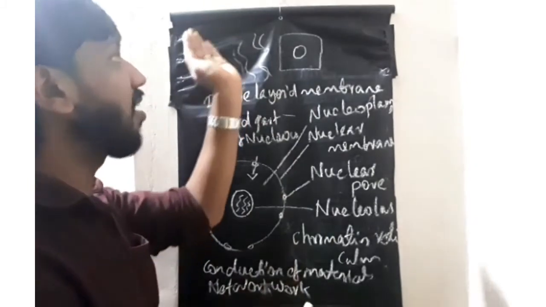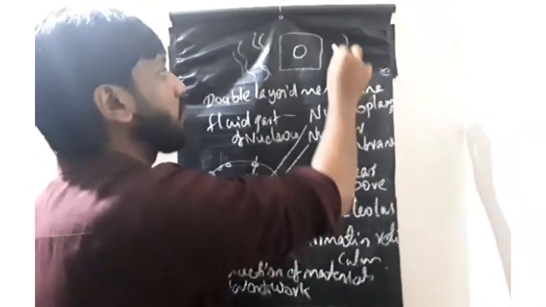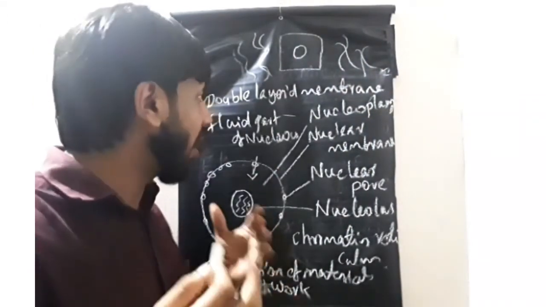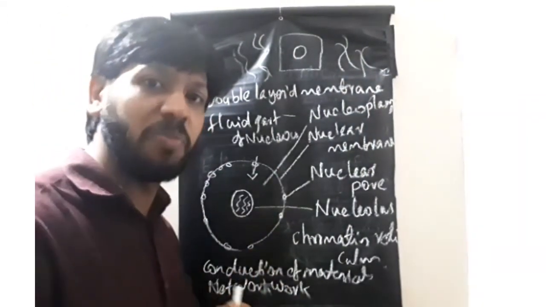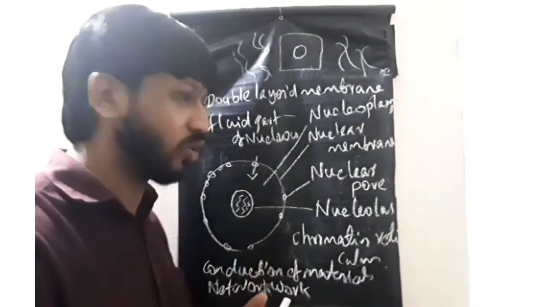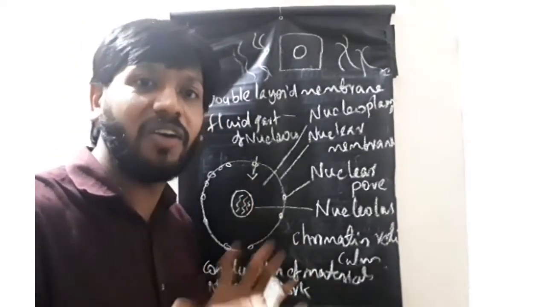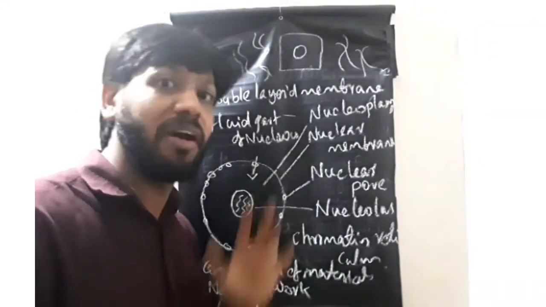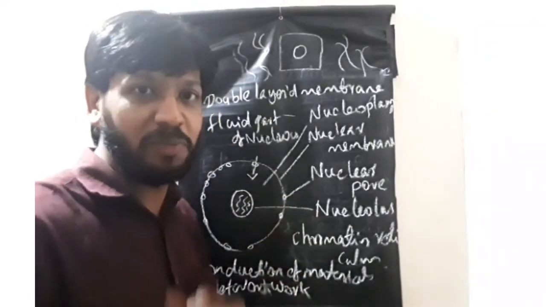Later this chromatin reticulum condenses to form chromosomes. How are chromosomes formed? Chromatin reticulum condenses to form chromosomes. The chromatin reticulum carries genes from parents to offspring.